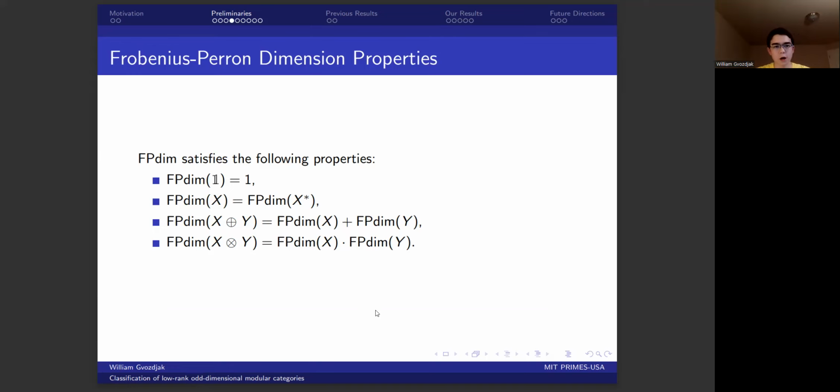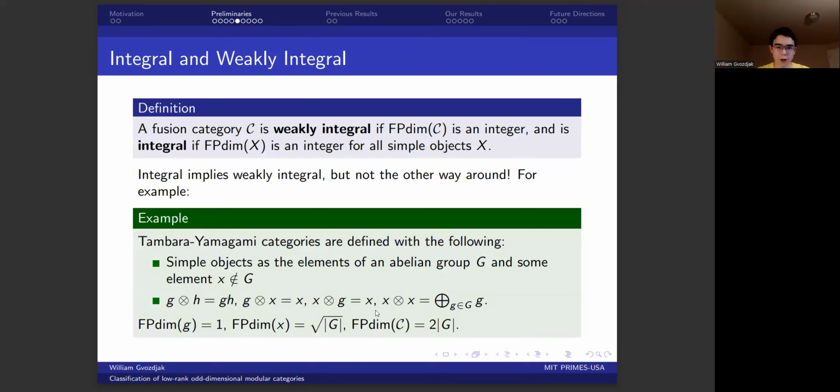Next, I'll define a weakly integral and an integral fusion category. So we say that a fusion category C is weakly integral if its Frobenius pairing dimension is an integer. And we say that our category C is integral if the Frobenius pairing dimensions of all its simple objects are also integers. So one thing to note here is that it is true that integral does imply weakly integral for a fusion category.